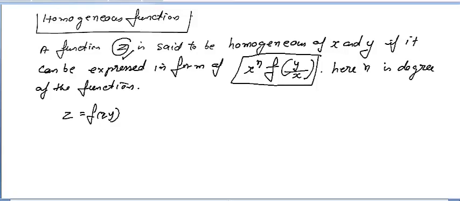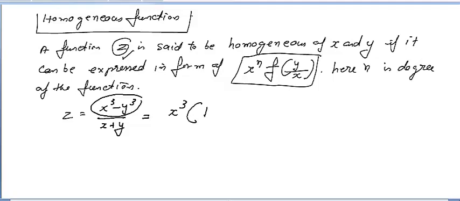Things will be more clear to you when I take one example, like take z is equal to x cube minus y cube upon x plus y. Now I will check whether it is homogeneous or not. So what I am going to do, I am going to take x cube common from the numerator.